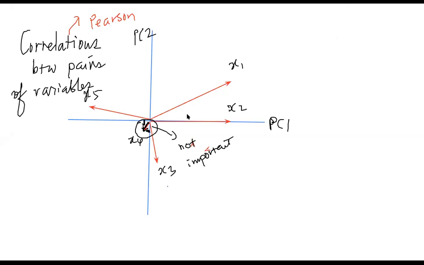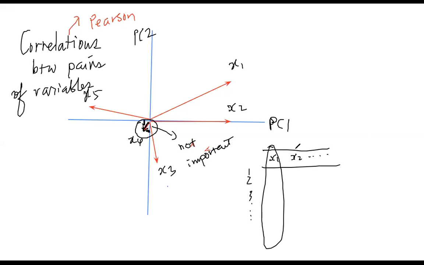It will just calculate a Pearson correlation from your data matrix, where these are your samples, between the two variables.